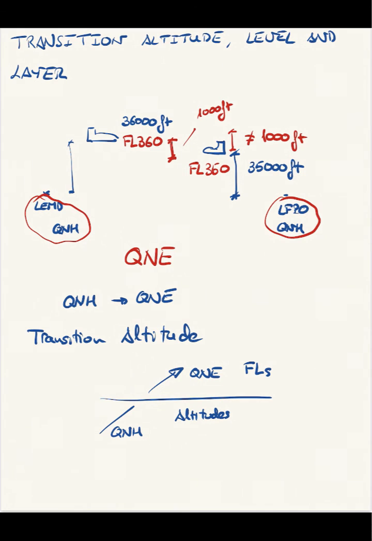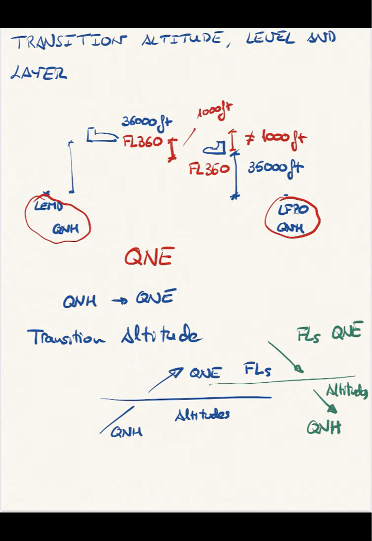During descent, we're going to find an aircraft that comes from its cruise phase flying flight levels using QNE as the Pref, and at a given point is going to set the local QNH on its Kollsman window, because he wants to read altitudes in order to perform a proper approach maneuver, knowing what his relative spacing is with respect to the obstacles near the aerodrome. So he's going to stop flying flight levels, and he's going to start flying altitudes.